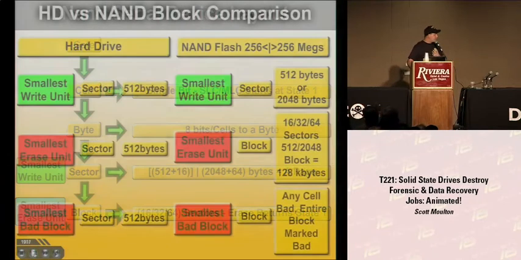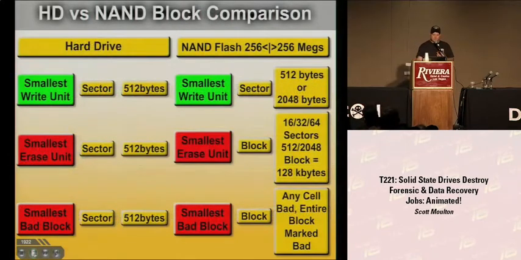This is a comparison of what we're used to seeing from a hard drive versus solid state. On the left-hand side, your smallest writable unit is a sector, 512 bytes. Smallest erasable unit is 512 bytes, and your smallest bad block is 512 bytes. But with NAND, your smallest writable unit is a page, usually 2K, and your smallest erasable unit is 64 times 2K, for 128K.